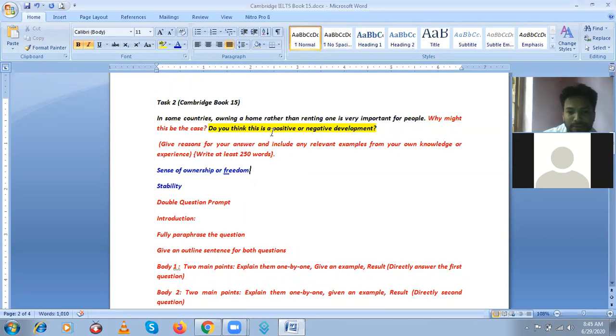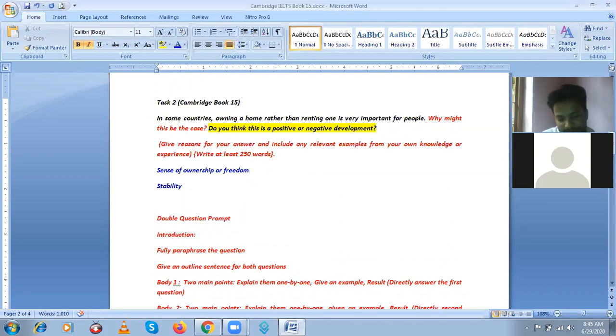And then we come to, do you think this is a positive or negative development? Here we restate, this is both a positive and negative development. On the positive side, let's make one point. It may bring happiness in your life.